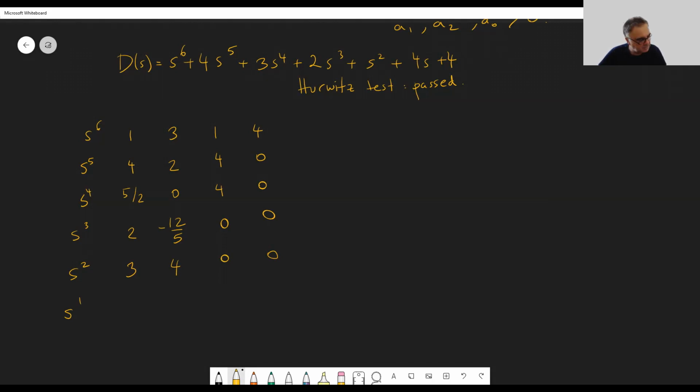It will be 12 over 5. This is negative, negative 36 over 5 minus 2 times 8 over 3, and the result will be minus 76 over 15 for some reason. These are zeros.